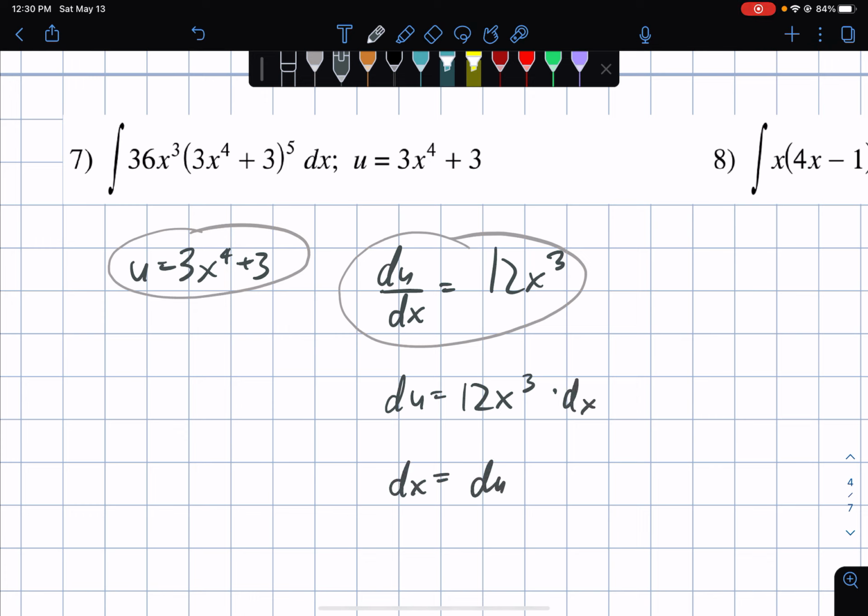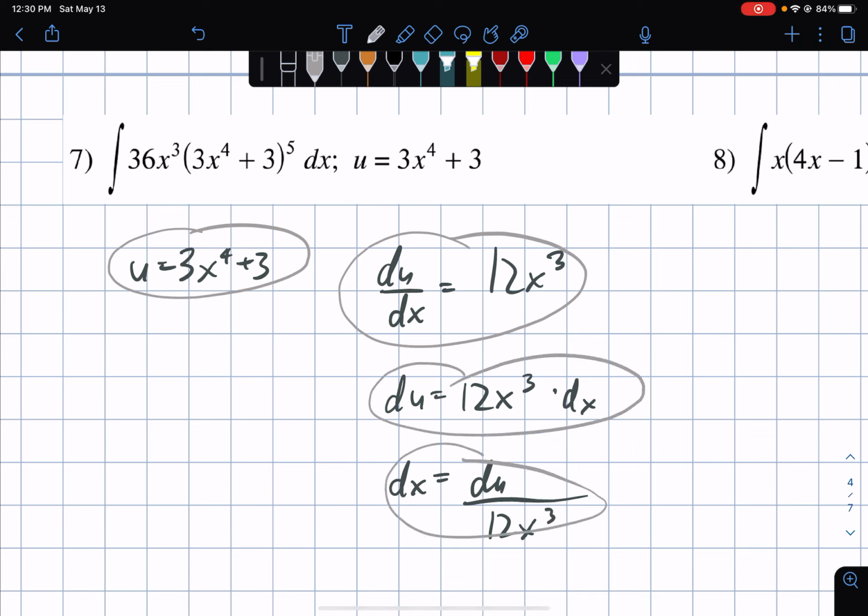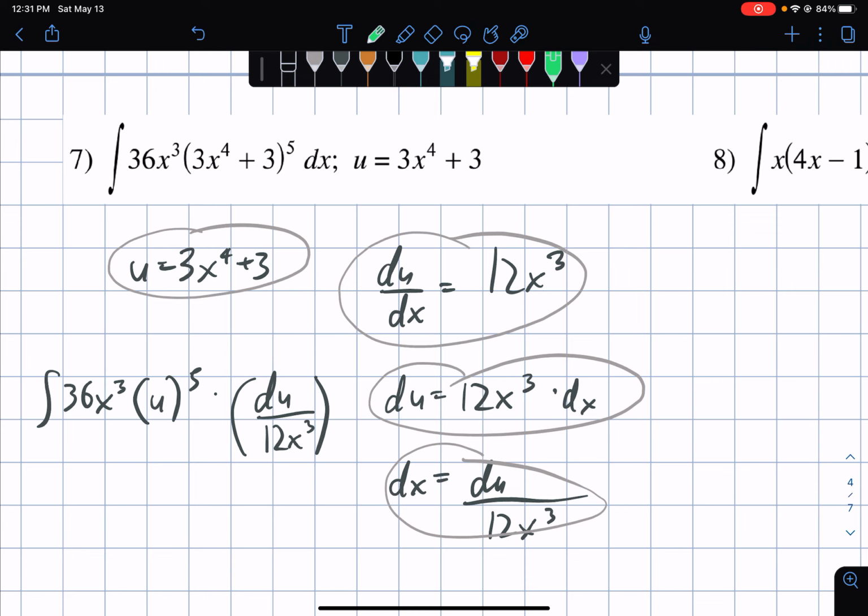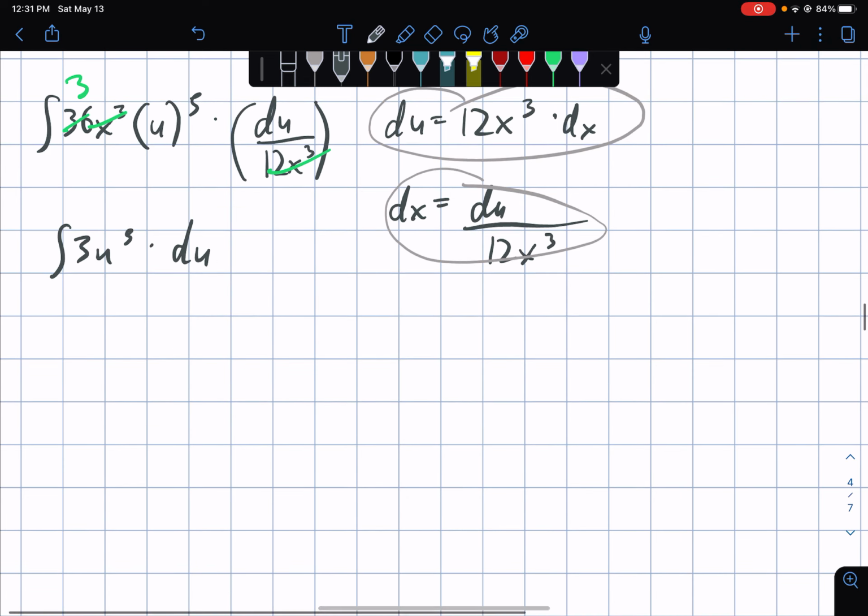Dx is equal to du over 12x raised to 3. We have 36x raised to 3 times u raised to 5 times dx. So cancel the terms. 12, 36, this becomes 3. So we end up with 3u raised to 5 times du.